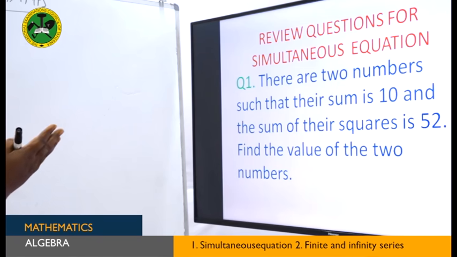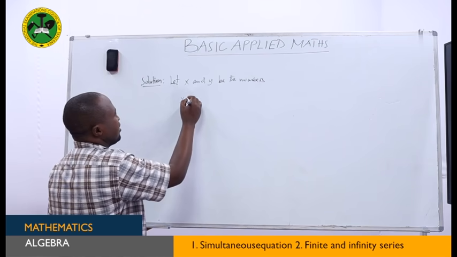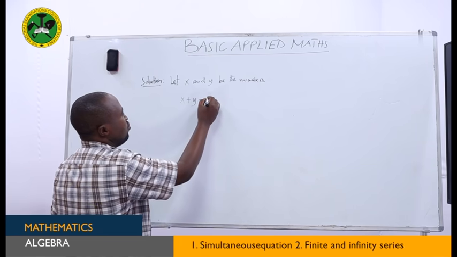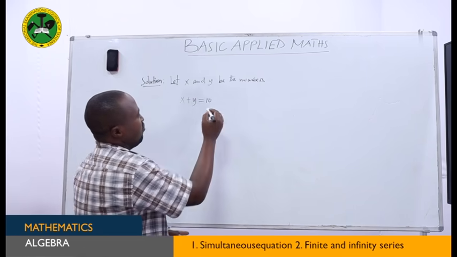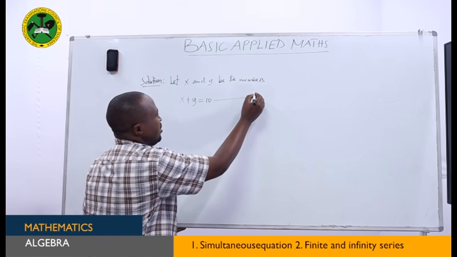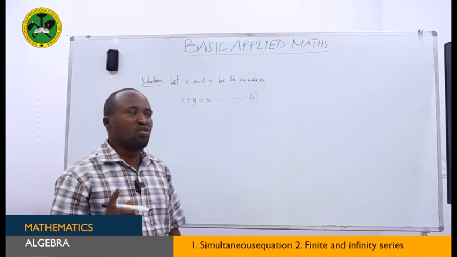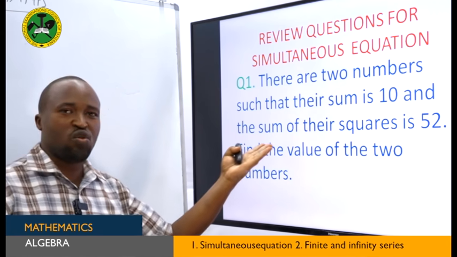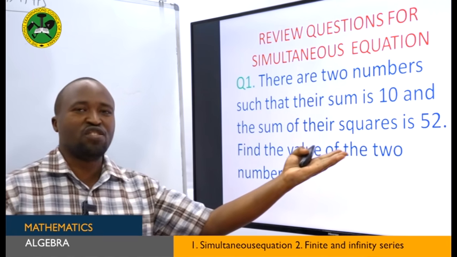So there are two numbers such that their sum is 10. That is, x plus y is equal to 10. Call this equation 1. But again, the sum of their squares is 52.